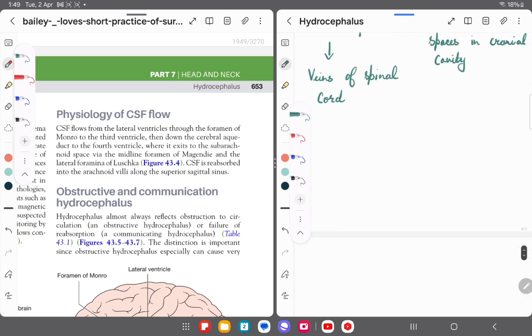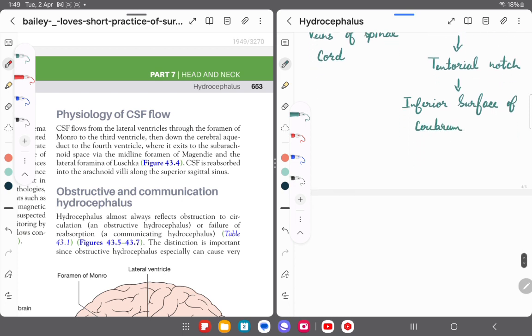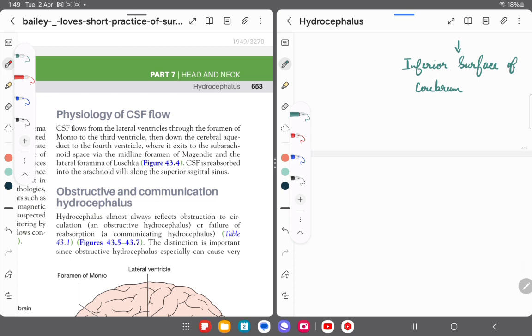From the cerebellomedullary cistern and pontine cistern it passes into the tentorial notch. Then to the inferior surface of cerebrum. Then to the superolateral surface of cerebrum.